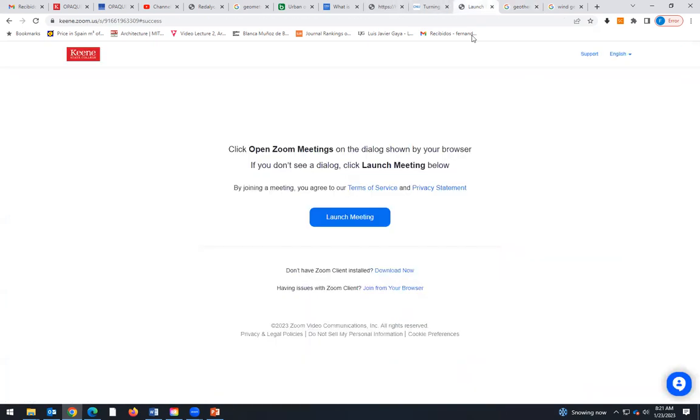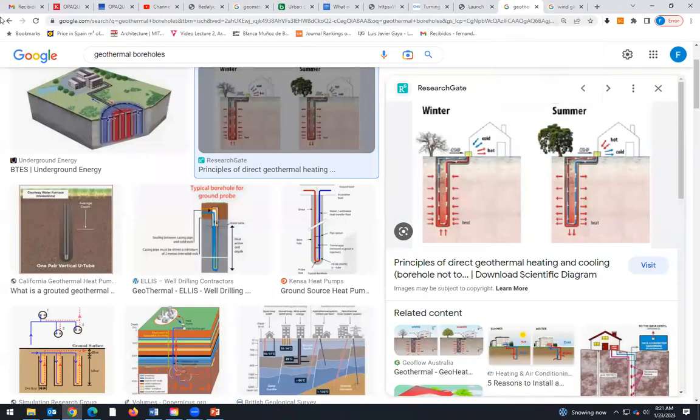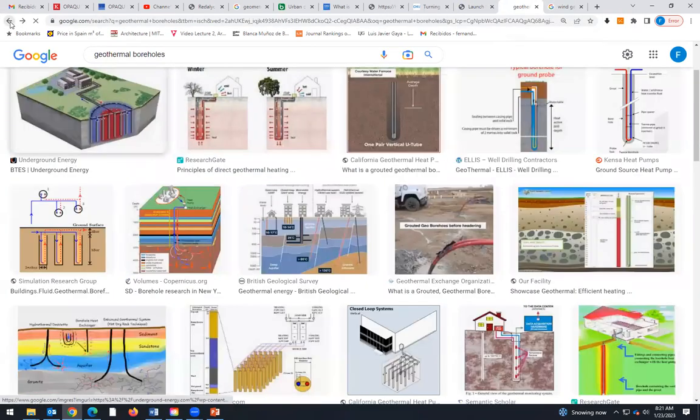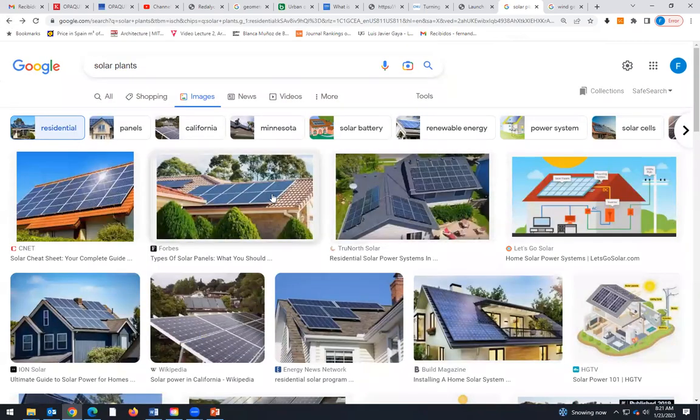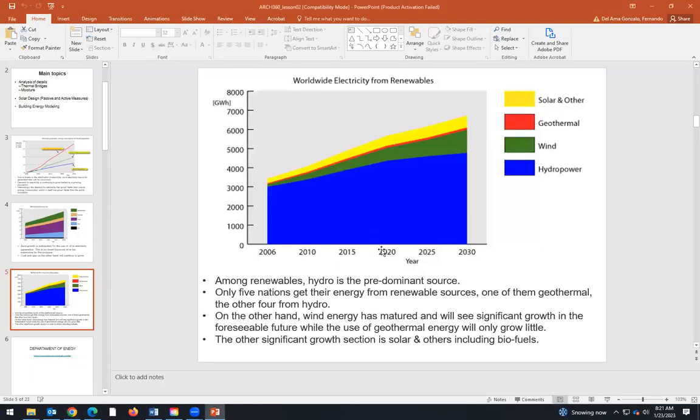And then we have the solar panels on roofs. Hydropower is not in our realm. Well, we can create small hydropower plants if we have a creek or a small river on our site, but it's not in our building.